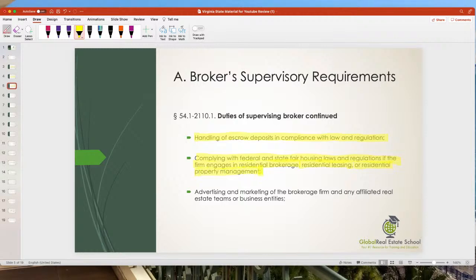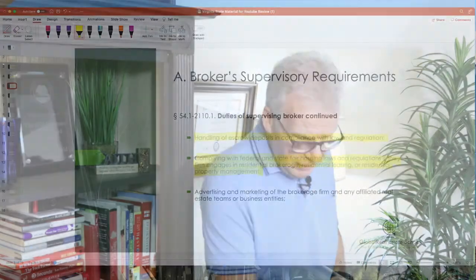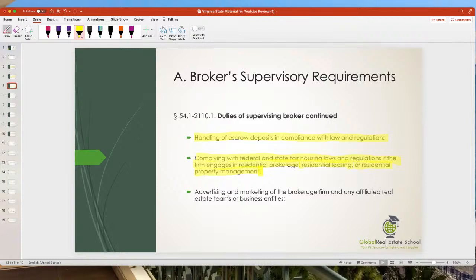They love to throw in questions on the examination that might be of a commercial nature. And remember, commercial is exempt from the fair housing legislation. So just read the questions very carefully. But if you see that it has to do with residential leasing, residential property management, even residential brokerage, those are all part of the duties of the supervising broker.